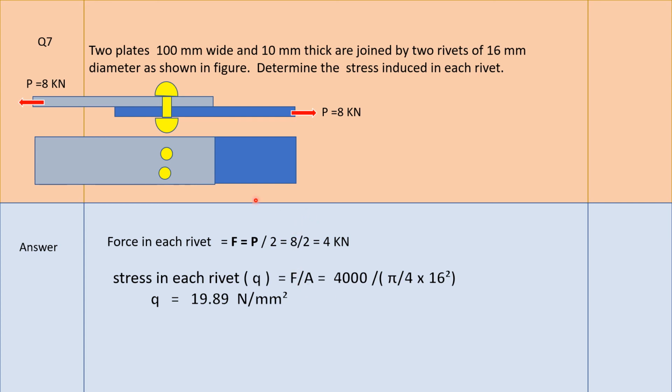Here the only thing is, if they are giving two rivets, don't forget to divide the force by 2. This 8 kilonewton force will be shared by two rivets, so the force in each rivet is 4 kilonewton, and that is what you have to take here. By mistake, if you take it as 8000, your answer will go wrong.